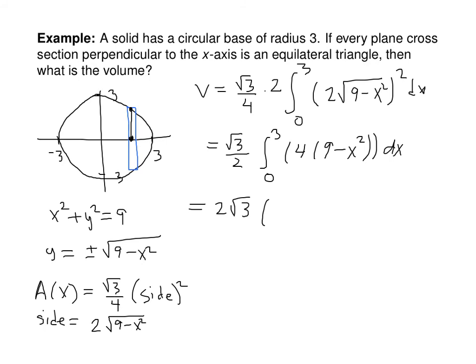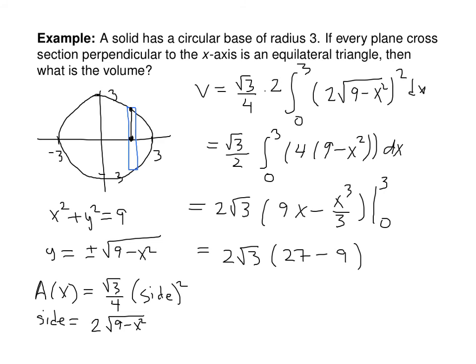Now we antidifferentiate and we have 9x minus x cubed over 3, evaluated from 0 to 3, which yields 2 root 3 times 27 minus 9, which is 18, which gives us 36 root 3.